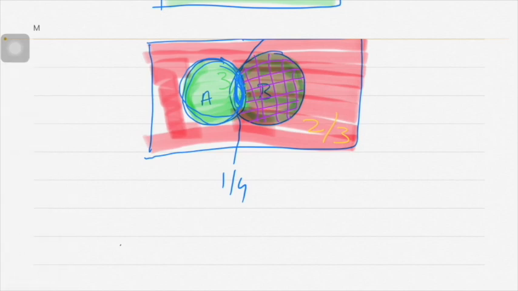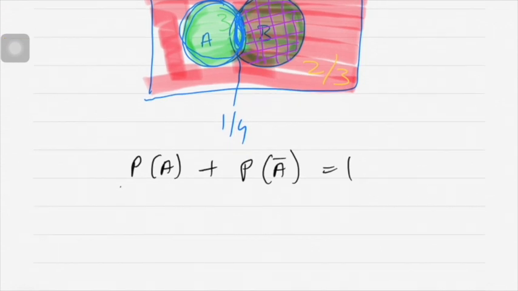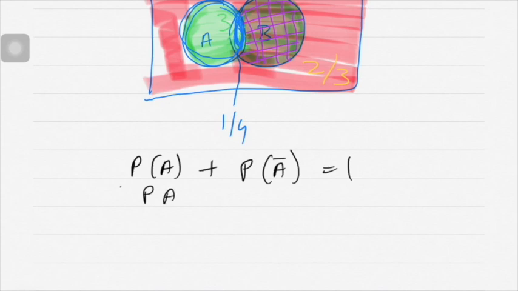A dash is given as 2 by 3. You know P of A plus P of A dash or A bar is equal to 1. It is always equal to 1. Now, can you find out P of A?